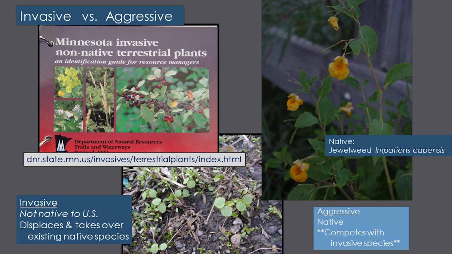Anyway, so we also have some resources. If you don't know what plants are, here is a website. If you just Google DNR invasive terrestrial plants, you will come up with this booklet, which I was just ecstatic about 15 years ago. You don't need to, it's all online now.